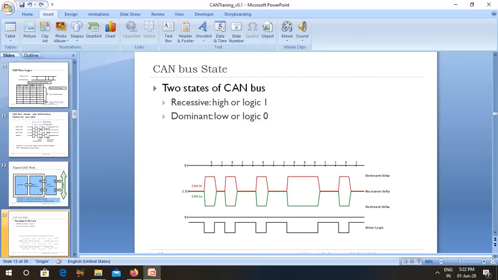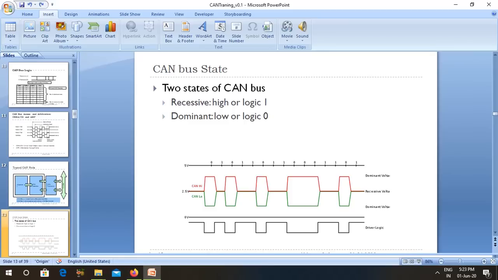CAN high goes to dominant and low goes to recessive, so together they represent the zero. Then when high goes to recessive and low goes to dominant, it becomes 1. This is a style in which we represent zeros and 1s in the CAN standard.